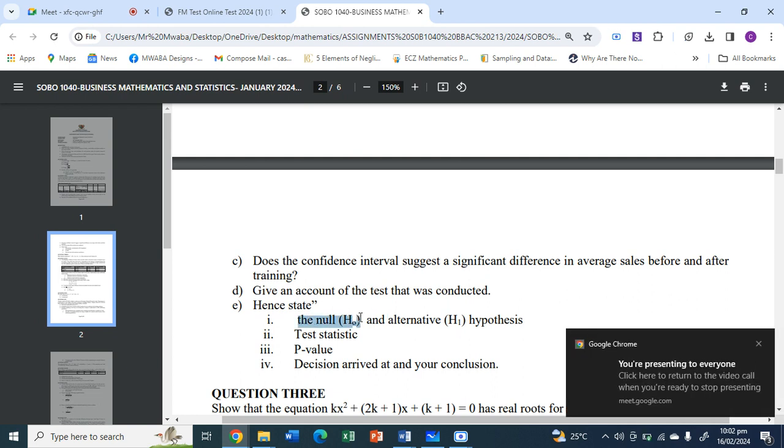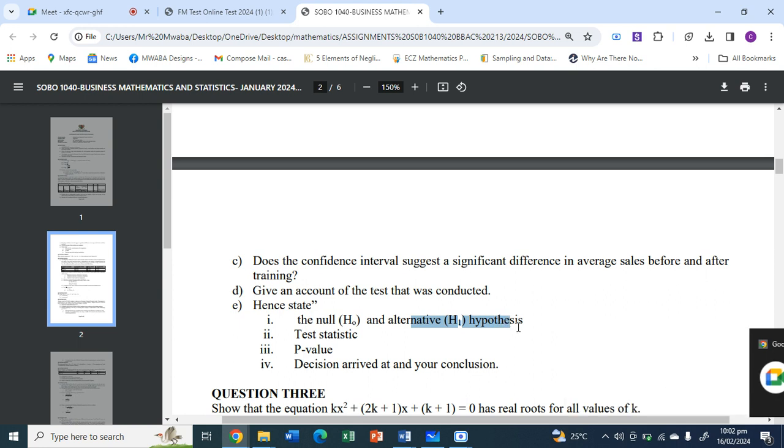State the null hypothesis and the alternative hypothesis. The null hypothesis is basically what is believed, the status quo. Then the alternative hypothesis challenges the null hypothesis.